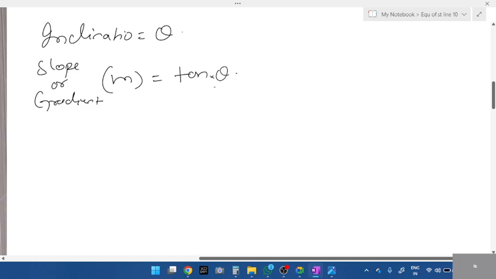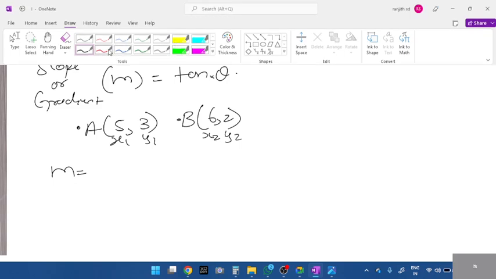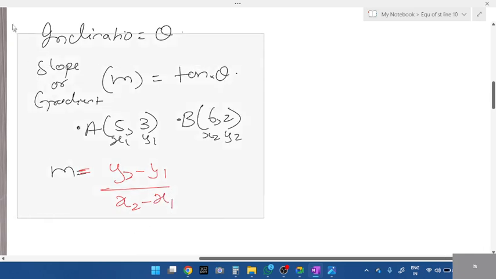Then, if theta is not given, but two points are given, point A 5,3 and point B 6,2, how do you find the m value? You have to take them as x1 y1 and x2 y2. How do you find m, students? M stands for slope. This is not the equation. What is the slope formula? Y2 minus y1 divided by x2 minus x1. Is this clear? Did all of you understand? Remember?